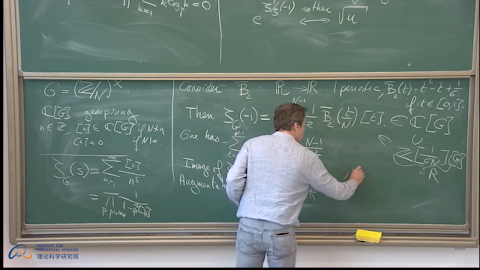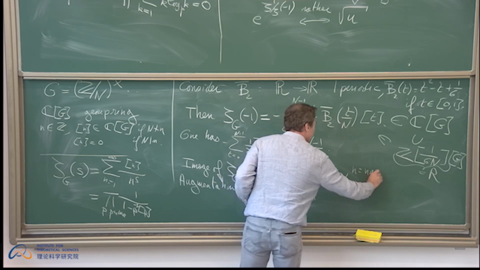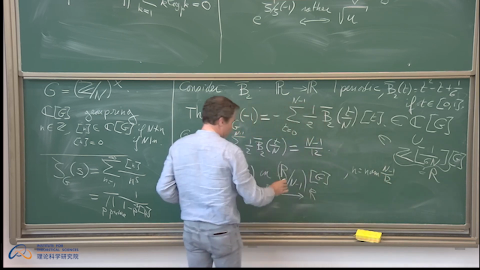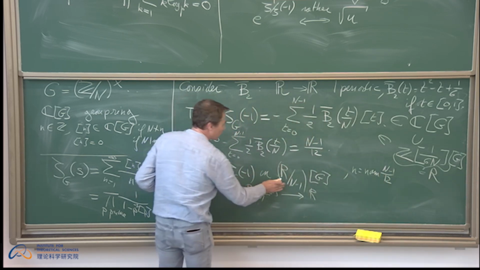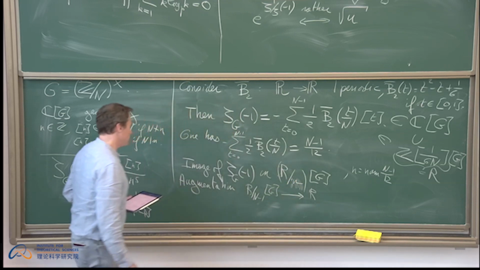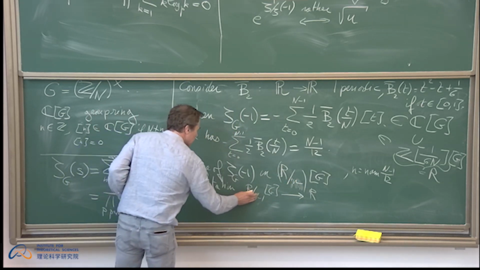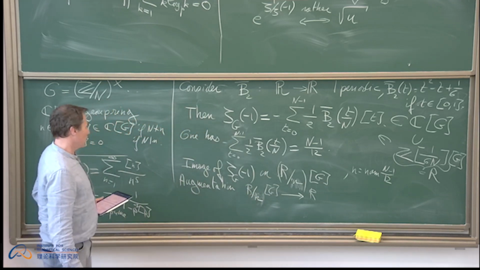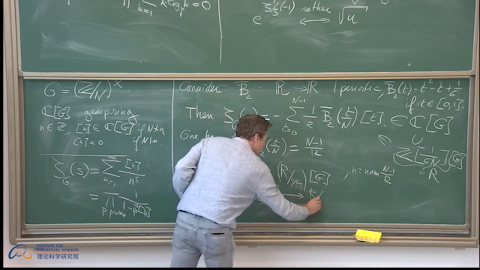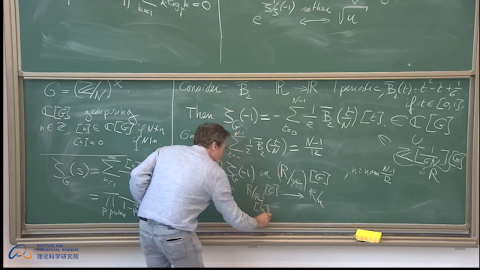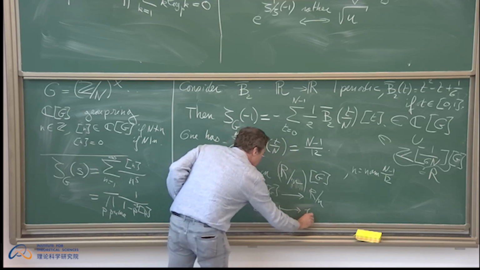So n is going to be the numerator of n minus 1 over 12. So I'm going to divide out a little bit more, like n here, and here R mod n, which goes to R mod n, which simply associates 1 to each group element.